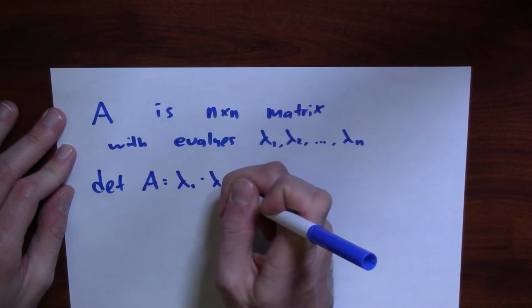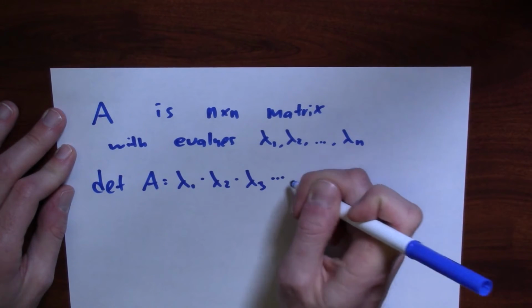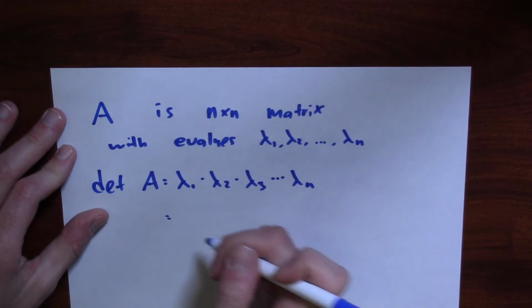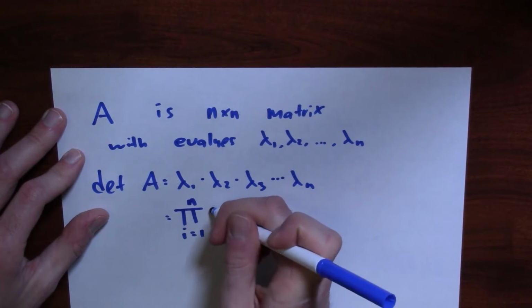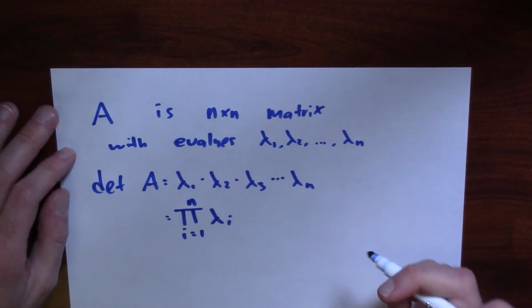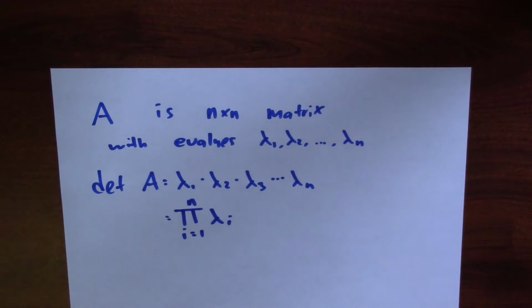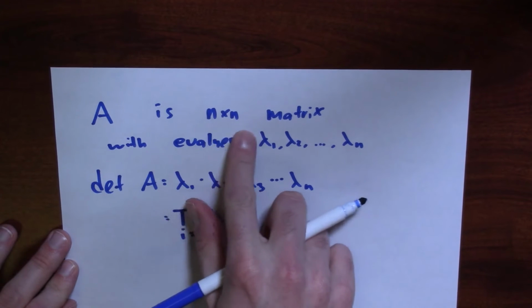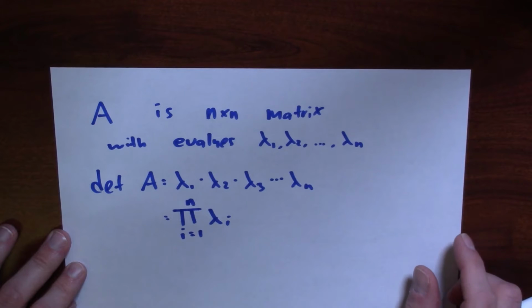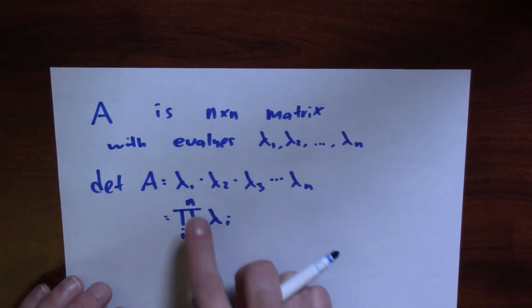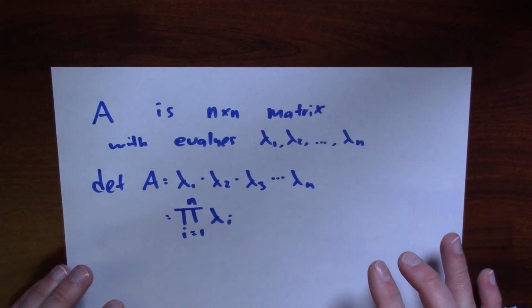It's lambda 1 times lambda 2 times lambda 3, dot, dot, dot, times lambda n, which I could write in the slightly fancier way, product i goes from 1 to n of lambda i. So this is the general situation we should think about: if I've got a square matrix and n eigenvalues called lambda 1 through lambda n, then the determinant ends up being just the product of these eigenvalues. As we move forward, we'll often see situations where eigenvalues will be explored through determinants.